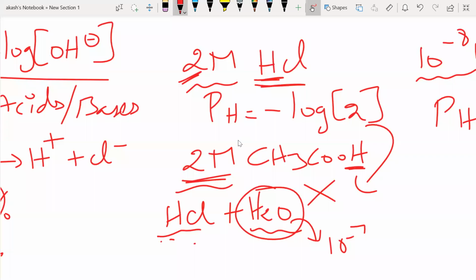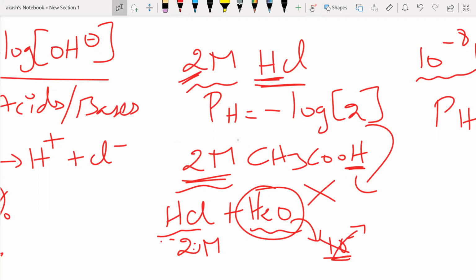Just now we saw Kw was 10 to the power minus 14, so the H+ concentration from water would have been 10 to the power minus 7. But compared to 2, 10 to the power minus 7 is very less. That's why we neglect it. We don't consider this.